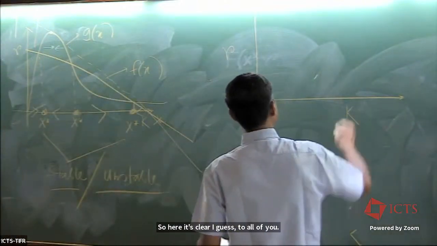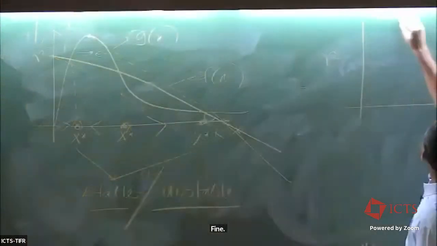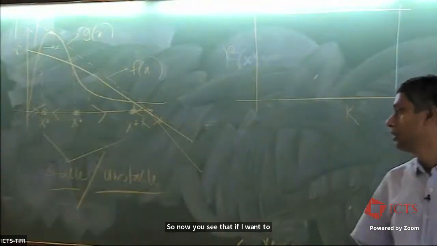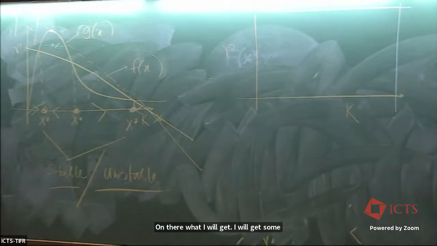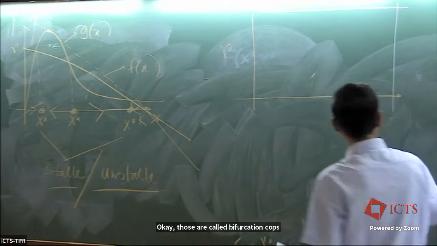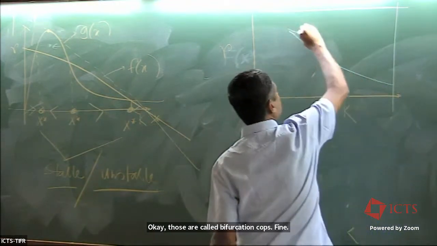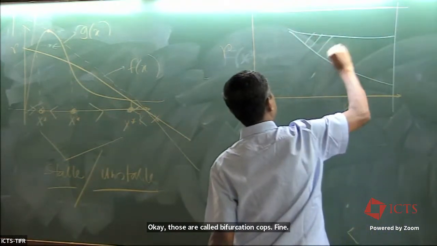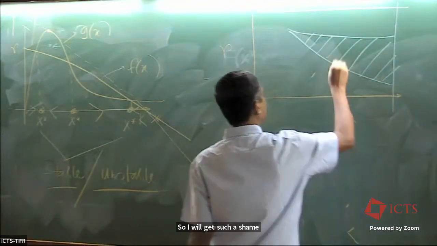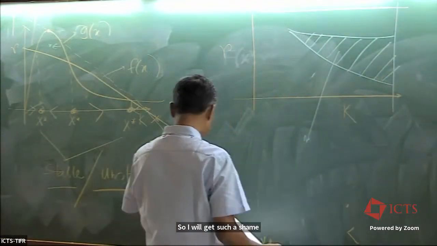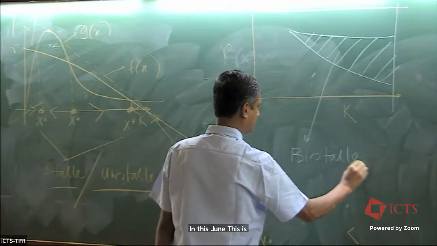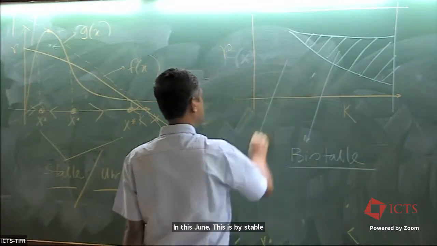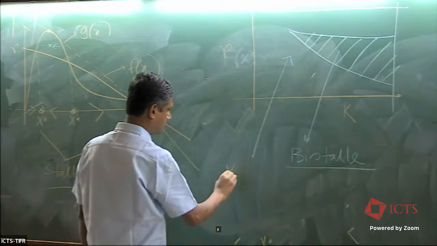So now you see that if I want to draw from there, I will get some curves. Those are called bifurcation curves. So I will get such a shape. In this zone, this is bistable, and this is a monostable zone.